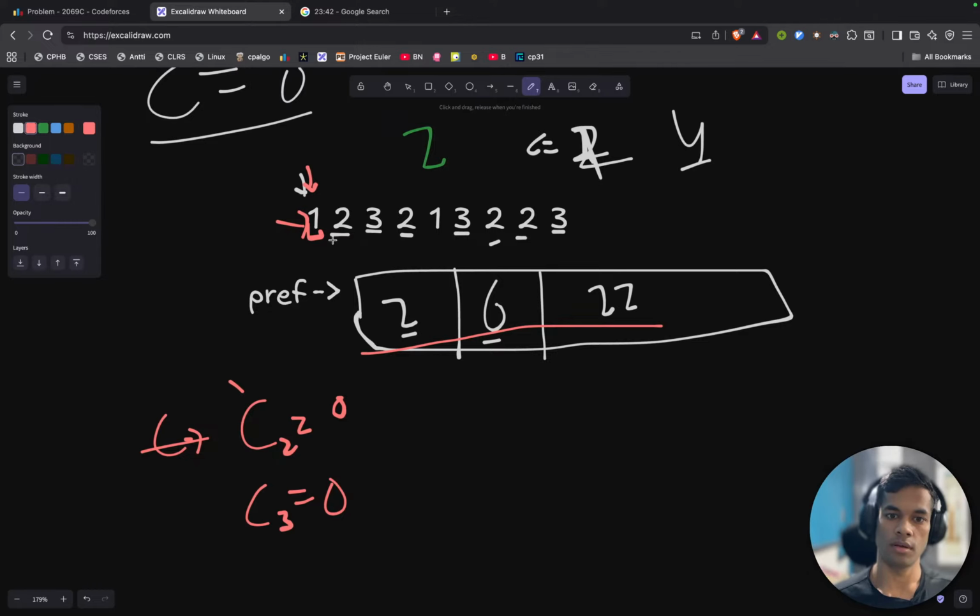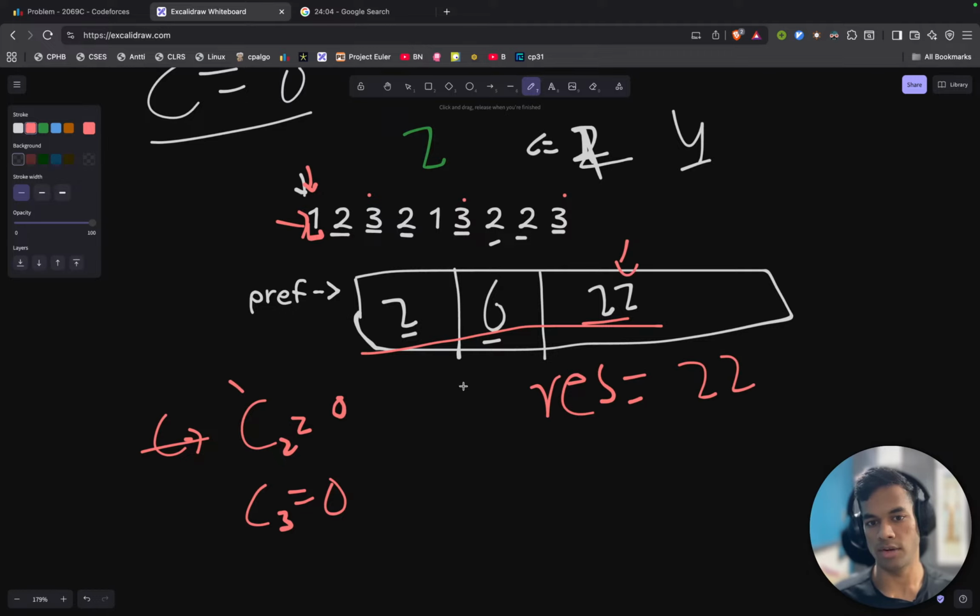It would be for this 3 plus the value for this 3 plus the value for this 3, which is exactly 22. Yes, 22. So res equals 22. We will add 22, and here also we have a 0.